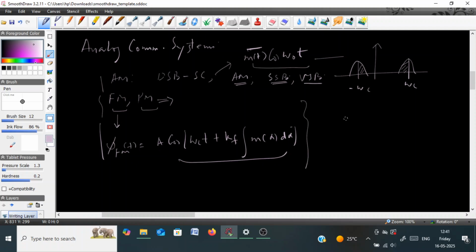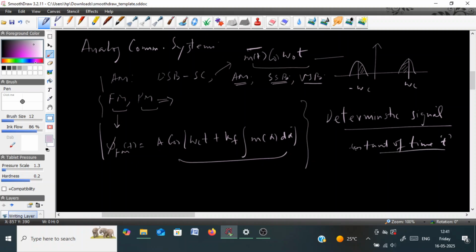So in all these signals, the signals that we generally have are basically a form of deterministic signal, in which you have information about the signal at each and every instant of time. So at every instant of time t, you can find what is the amplitude of the signal. Because once you express the signal in terms of mathematical relationships, either analytically or graphically, definitely at each instant of time you can have information about the signal statistics.